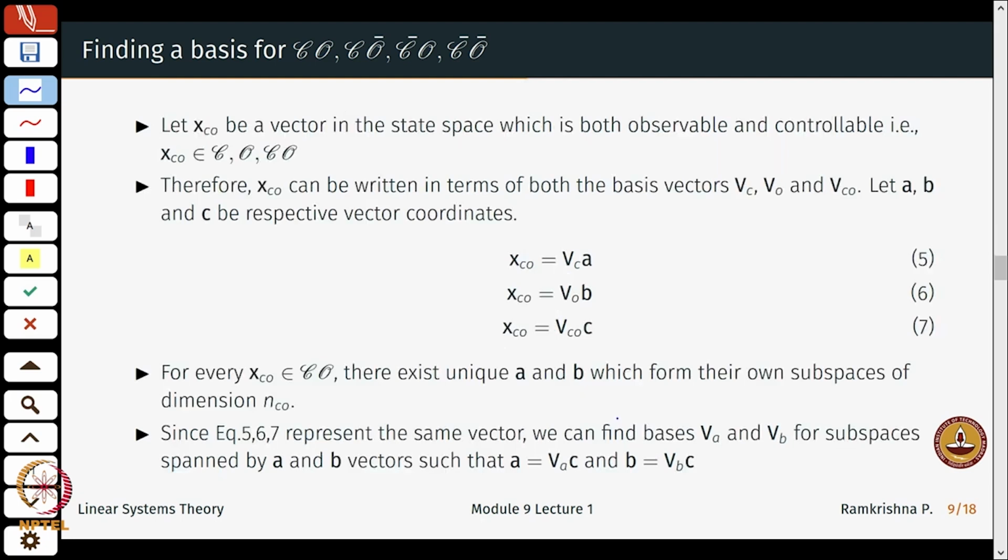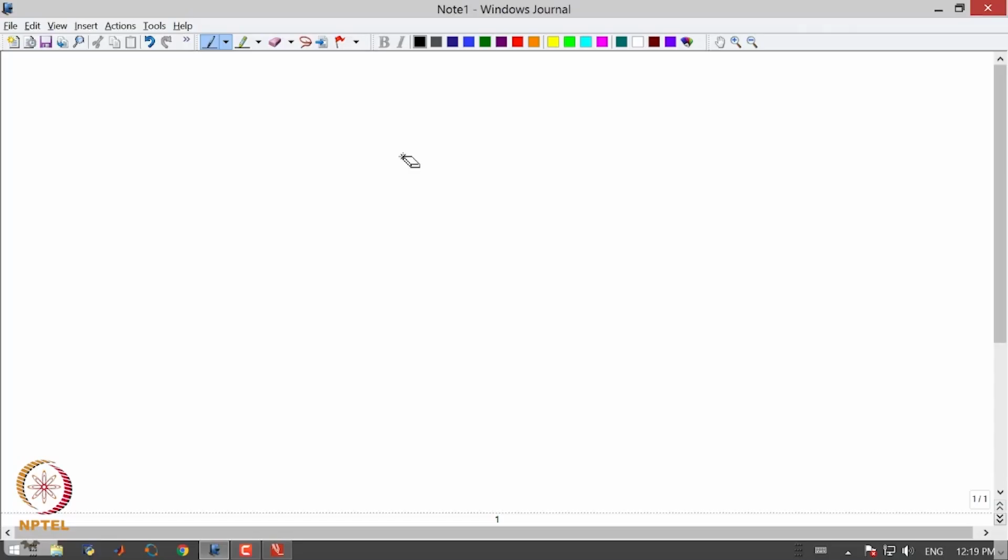Okay. Now, how do we start for this, right? So let's also write this down as we go by. Okay. So let me just draw a little picture here, right. So I have this as my controllable subspace of some dimension NC, and this is an observable subspace of some dimension NO, and there is some intersection here which will give me the subspace which is both controllable and observable.